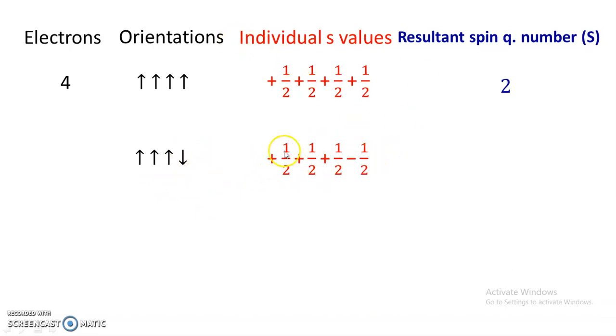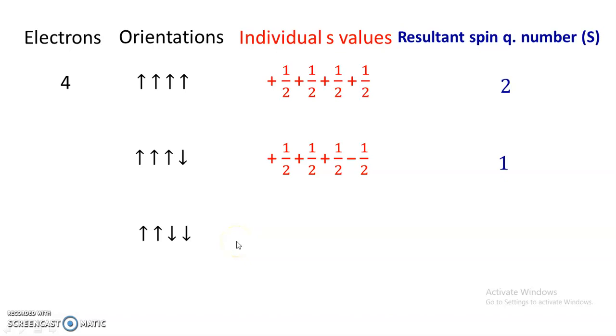So individual S values are plus half, plus half, plus half and minus half respectively, and the resultant spin quantum number, that is S, is the addition of these 4 values. When these 3 plus half values are added together, it will be 1.5, and when half is subtracted, it will be 1. So the resultant spin quantum number S is 1.